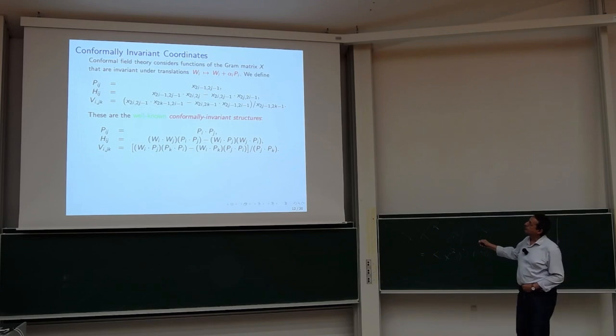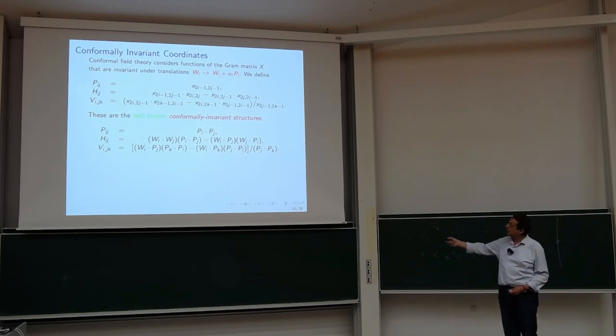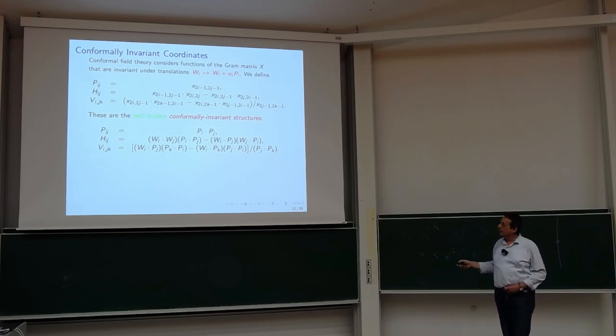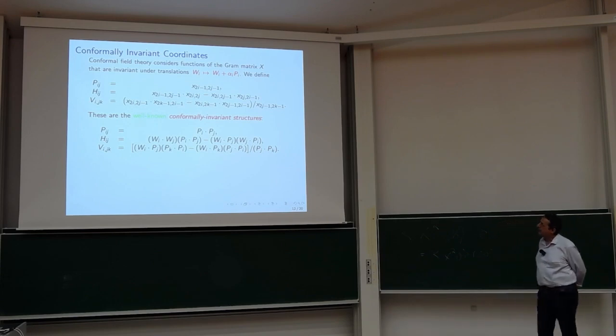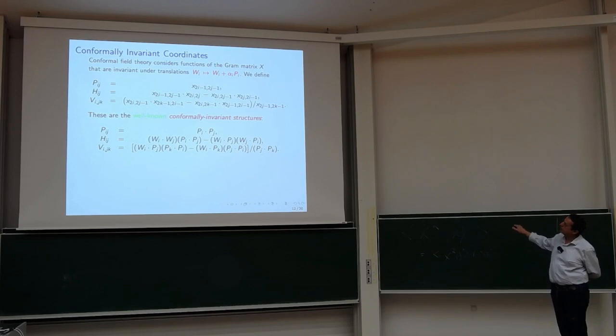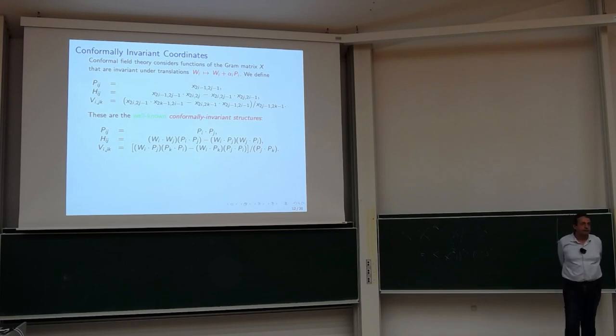I've written them here in terms of entries of the Gram matrix, or inner products. For example, P_ij is p_i dot p_j. That's obviously invariant, because the shift doesn't do anything to p_i. Then there are certain 2 by 2 minors of the Gram matrix that are left invariant. I'm going to call them H_ij. And then there are these ratios: some other 2 by 2 minors divided by the upper left entry that are also left invariant.